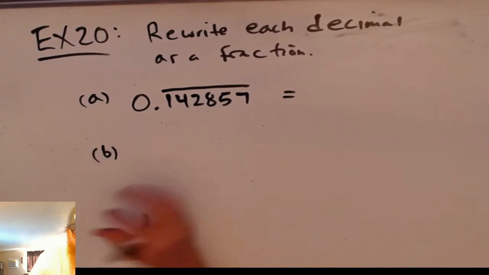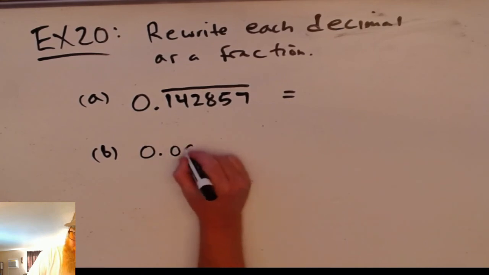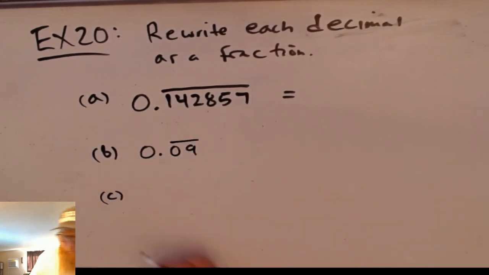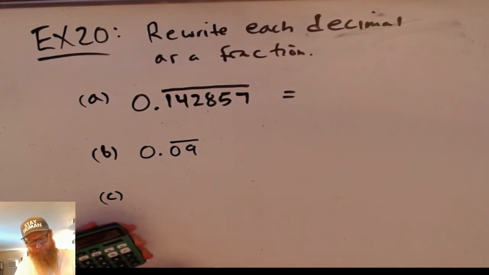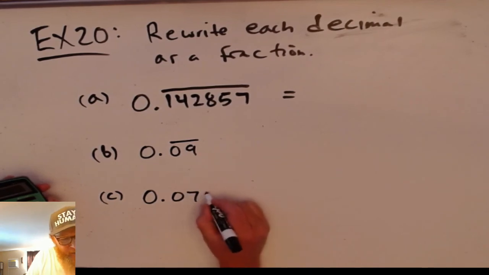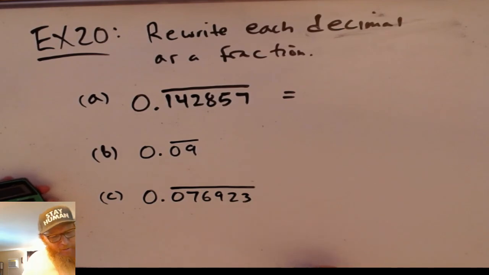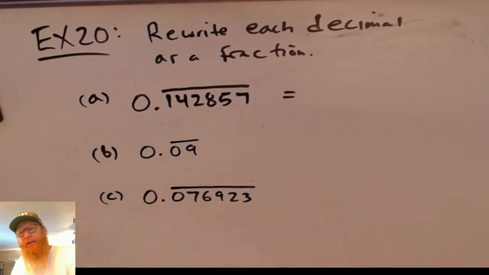I'll just write them all down and then we'll figure them out together. You could learn these just by playing with your calculator. Six, 9, 2, 3. There we go. There are more. I just want to show you these three.